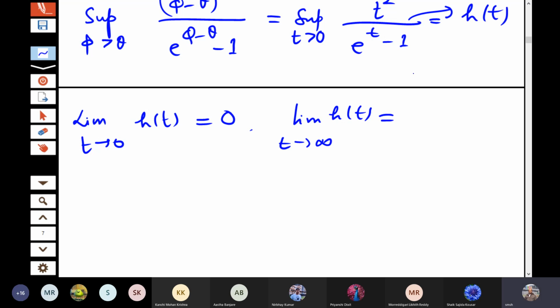Again it is an infinity by infinity form, so again we use the same logic, that expansion. If we consider this expansion, then I will get e to the power t, so then that is 1 plus this one. So next step 1 will get cancelled out. So I should get it equal to zero.